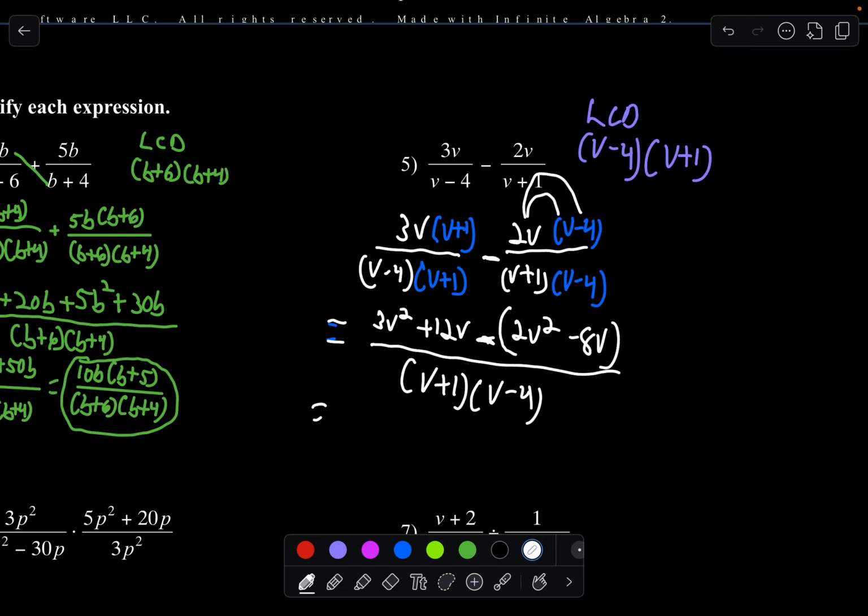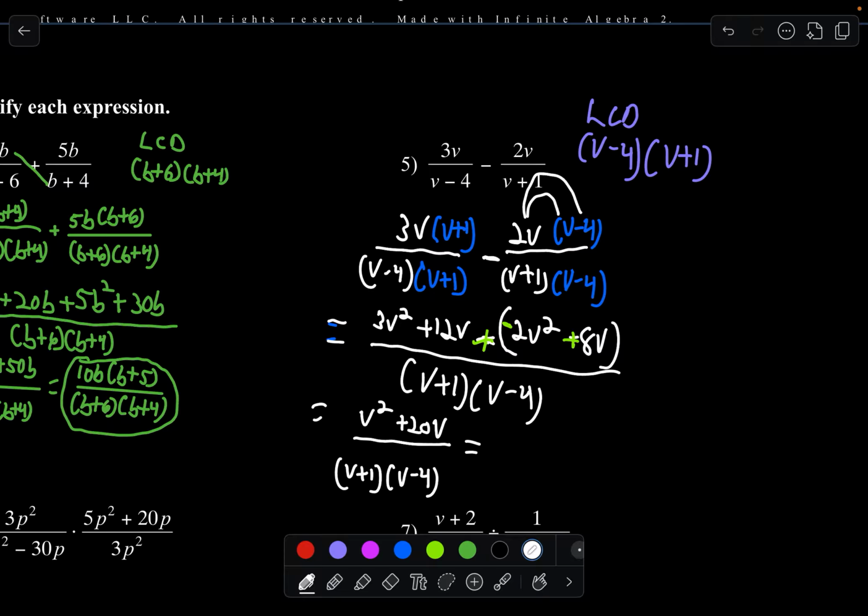Now combining like terms, remember when we're subtracting, this subtraction is going to turn into addition by flipping the signs inside. And we have 3v squared plus a negative 2v squared. That comes out to be v squared. You have 12v plus 8v, that's going to be 20v, all over v plus 1, v minus 4.